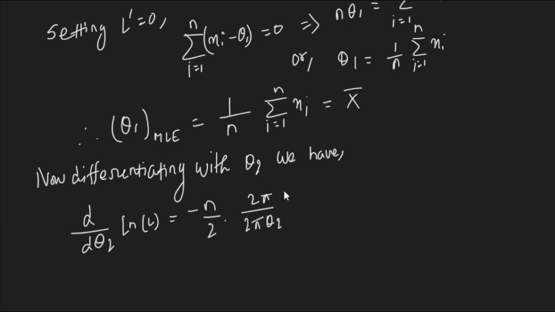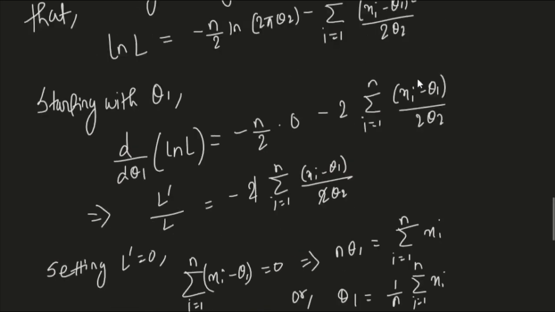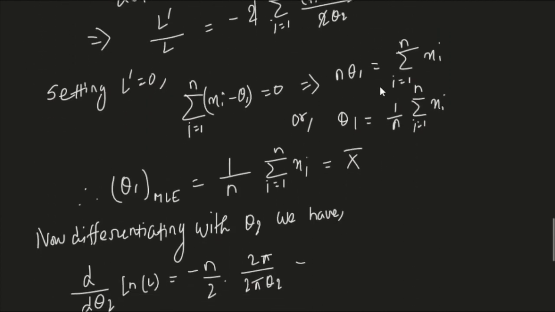And in the other term, the only part that is differentiated is minus 1 by 2 theta 2, that is theta 2 to the power minus 1, and when differentiated this becomes 1 by theta 2 squared.